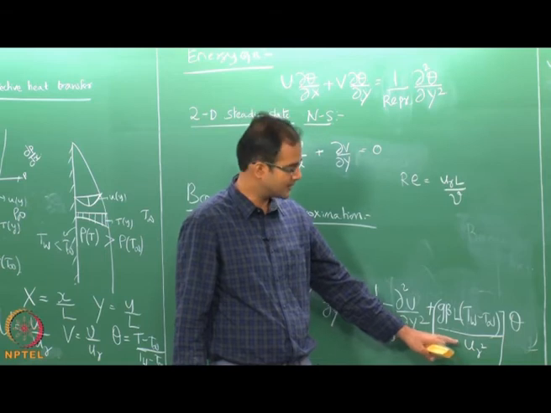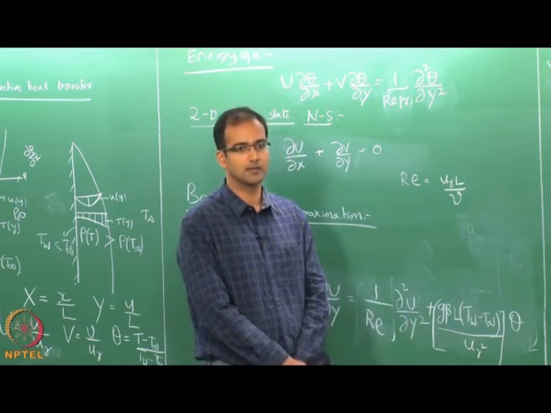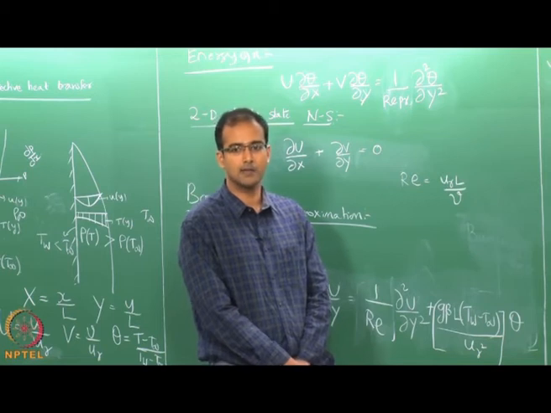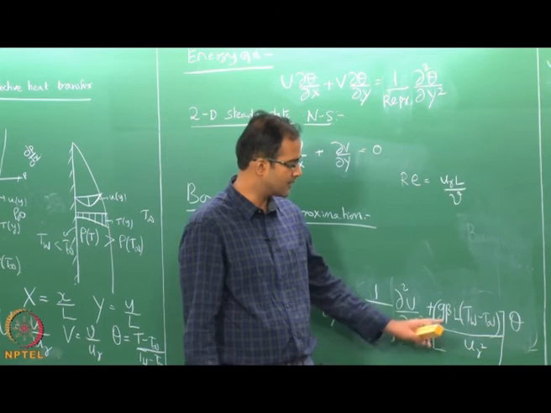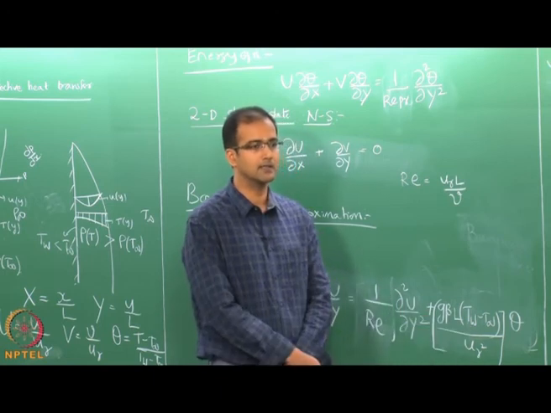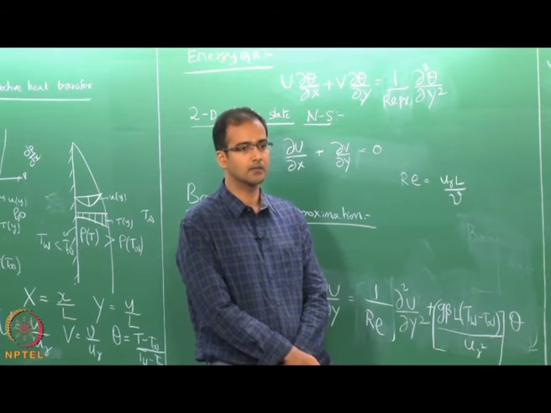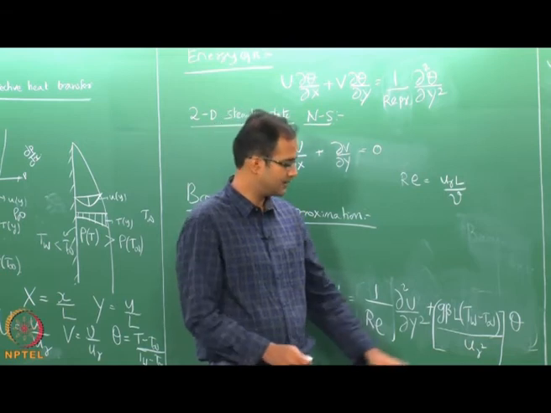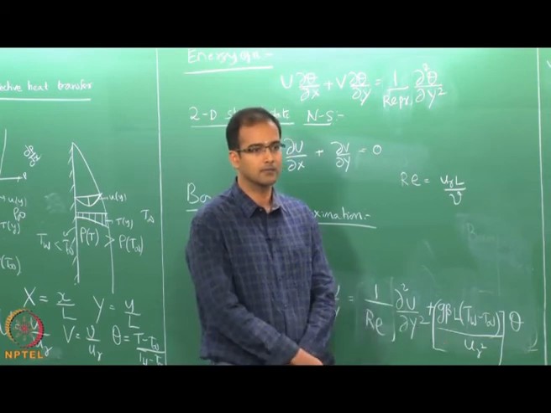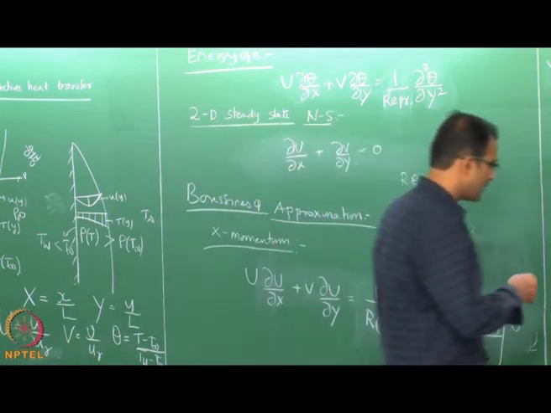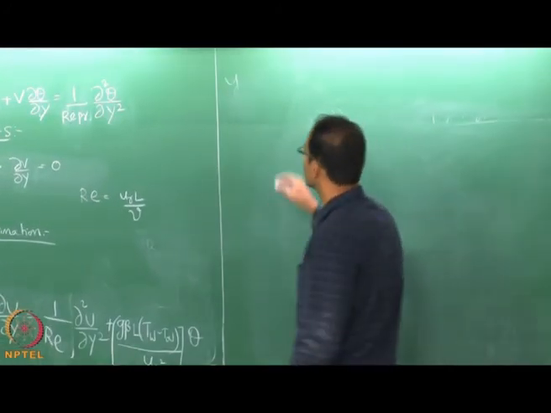Now, this represents the ratio of two forces. The numerator is nothing but the buoyancy force. Your g beta into T wall minus T infinity is nothing but the density difference, rho minus rho infinity, and the denominator is your inertial force. So, we will now define a non-dimensional number in natural convection.